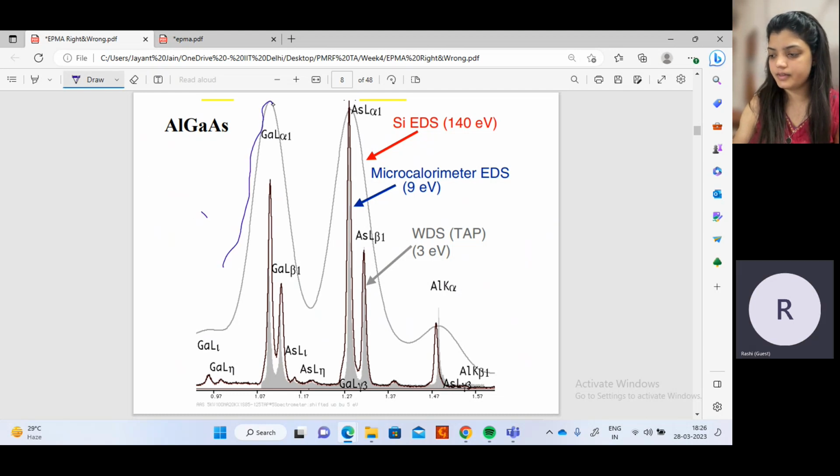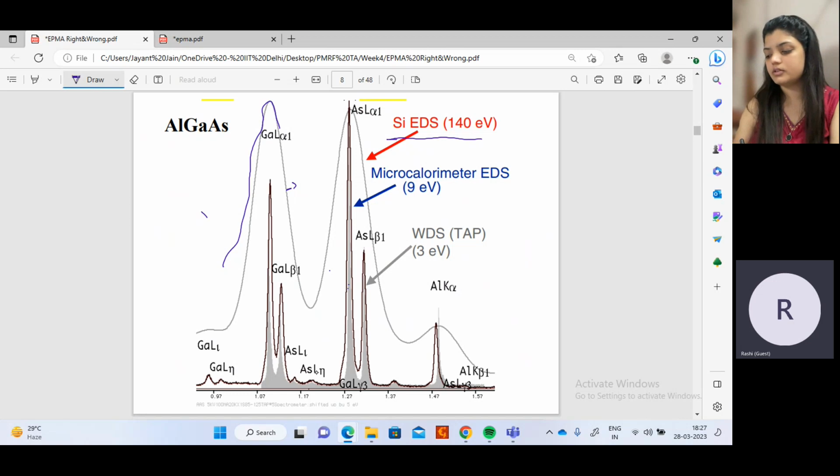this is what we get in EDAX. This is what we get in WDS when you do it using EPMA. See, you are able to resolve the smaller gap, at the 0.01 level. You are not able to separate it in EDAX. In the case of EDAX, these two will be read as one peak, and it will come with higher intensity.